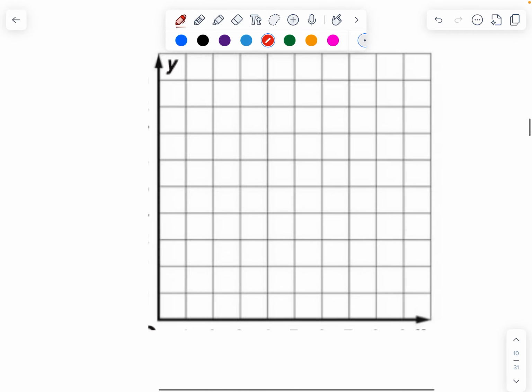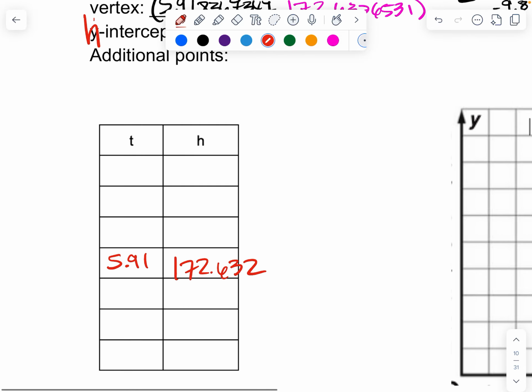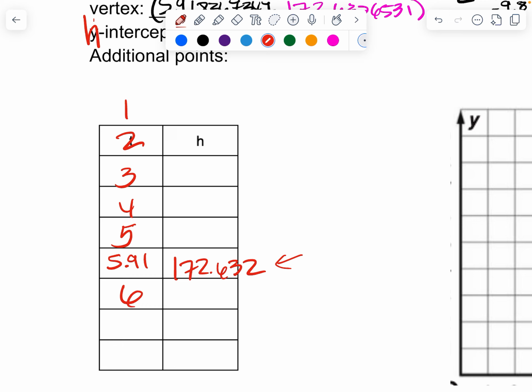Now, what do we want to go up by? Because this is 172, so I'm going to go backwards. This is going to be 5, 4, 3, 2, 1, 6, 7, 8.